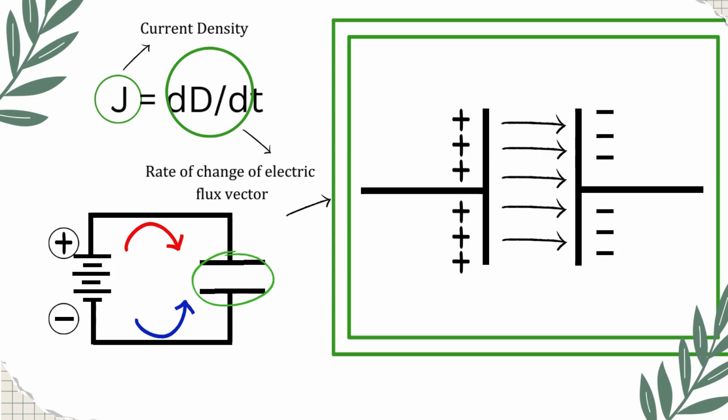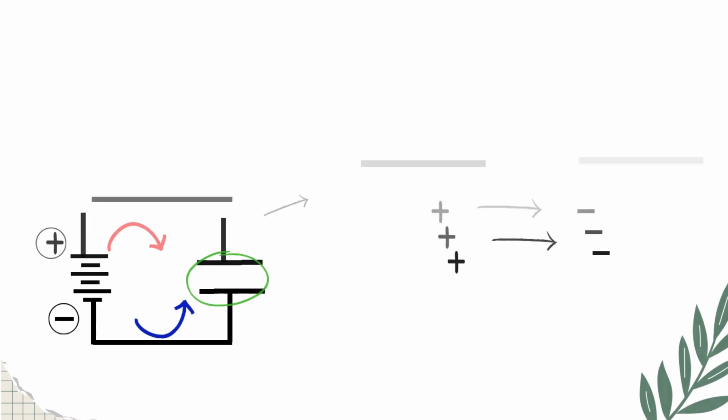Here we have some electric flux vector that is going to build up across the capacitor, and if the electric flux vector within this capacitor changes, it will act exactly like current is flowing, whether real physical charge is moving or not. And this is what we call the displacement current.